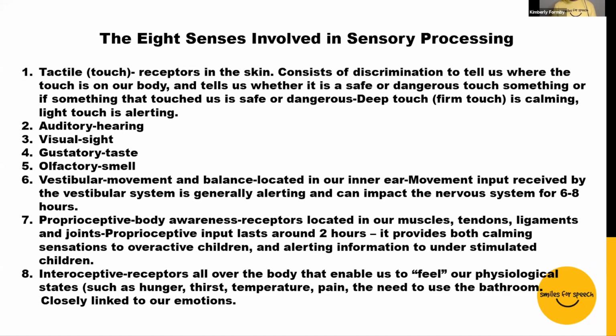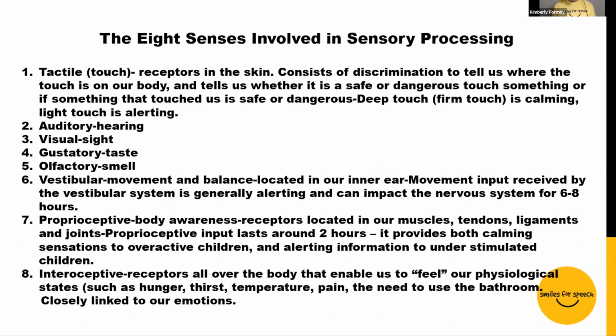This is our sense of movement and balance, and the sensory receptors for this sense are located in our inner ear. And our proprioceptive sense, this is our sense of body awareness. We get this from receptors that are located in our muscles, in our tendons, and in our joints.